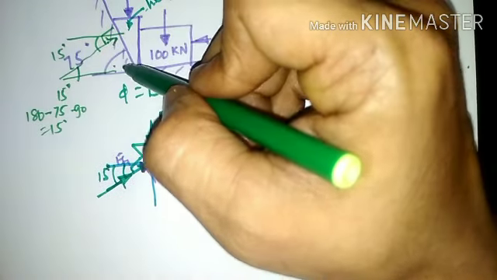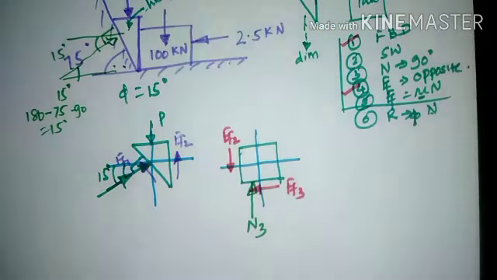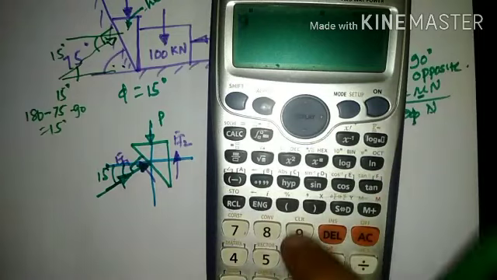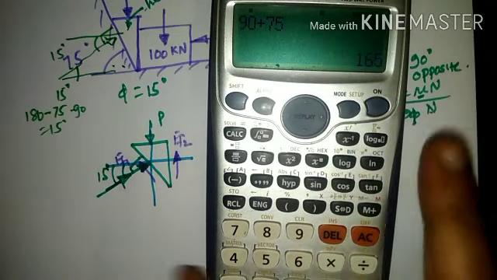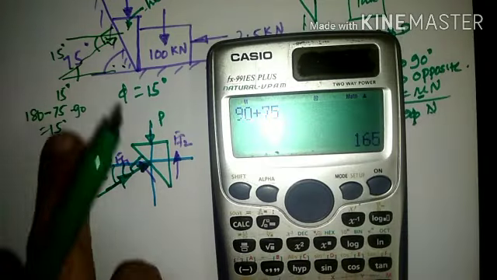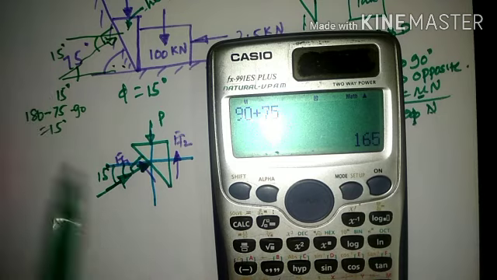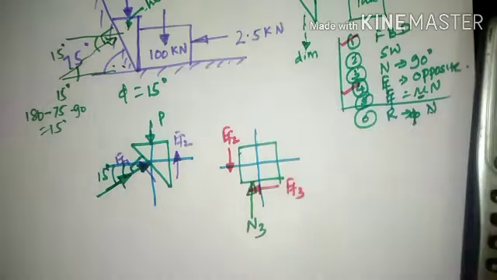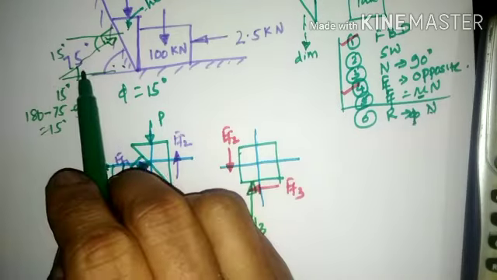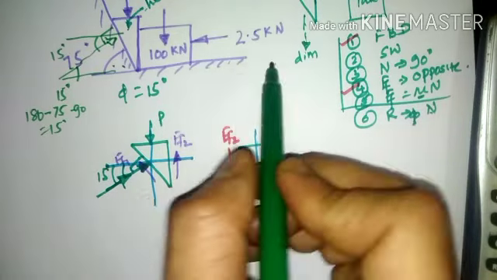15 degrees, this is 75, this is 90. 90 plus 75 shall come out to 165. So 165 minus 180, because it will form a right angle triangle, is nothing but 15 degrees, the inclination formed with respect to the horizontal plane.